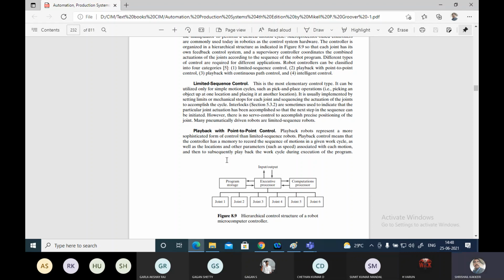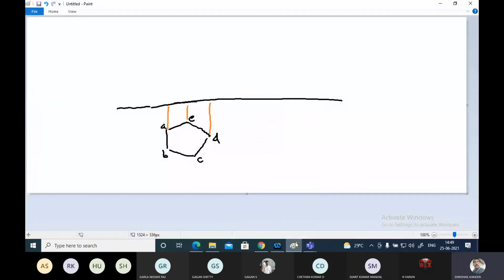You understood the point? Whenever I am going to use, for example, please look here. I have been given 2 points, and these 2 points I am going to join by using the PTP robot.